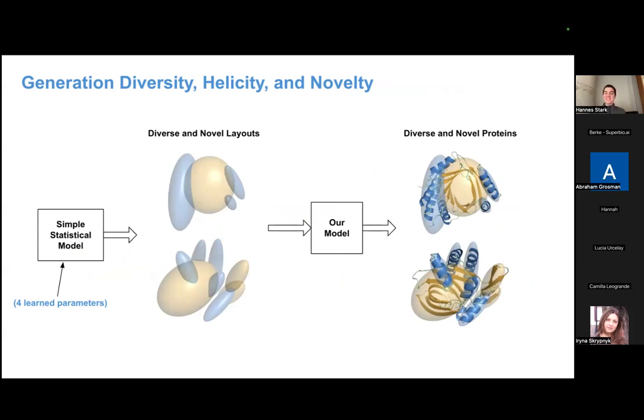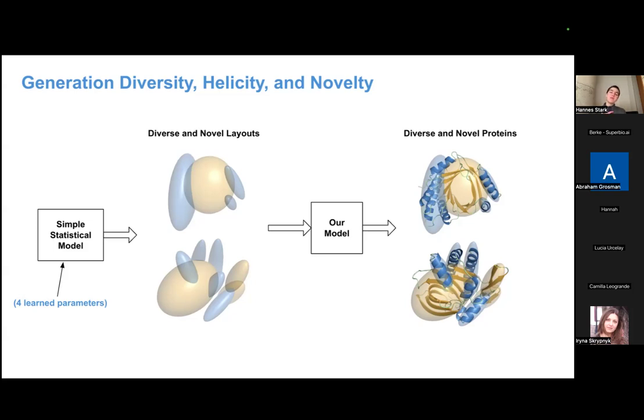And we know that these protein structure generative models have a strong bias toward generating only helices, and proteins that aren't very diverse, just helical bundles, and proteins that have low novelty compared to what already exists in the protein database and in our training data.